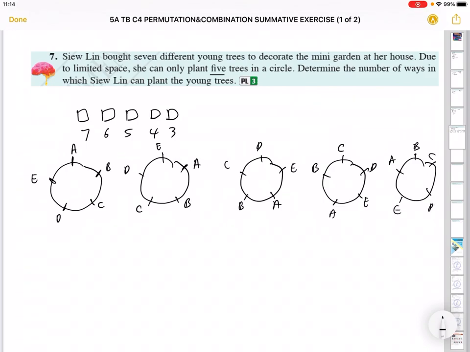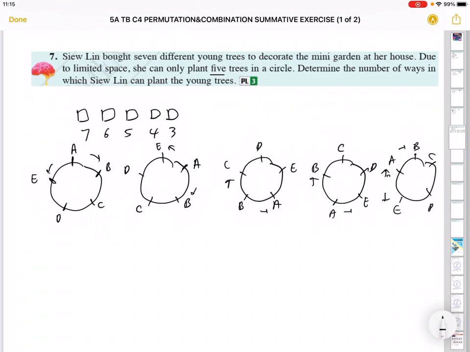Now you notice, doesn't matter how I arrange it, the position of A, right? A is always between B and E. Can you see that? So this arrangement is always the same. So now we don't want to repeat the arrangement.